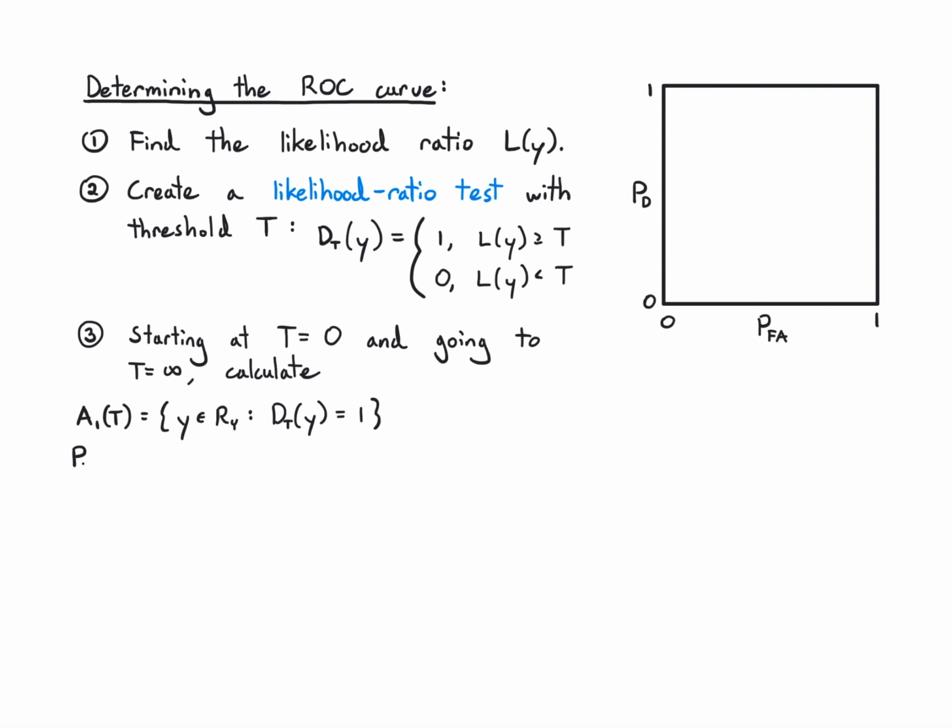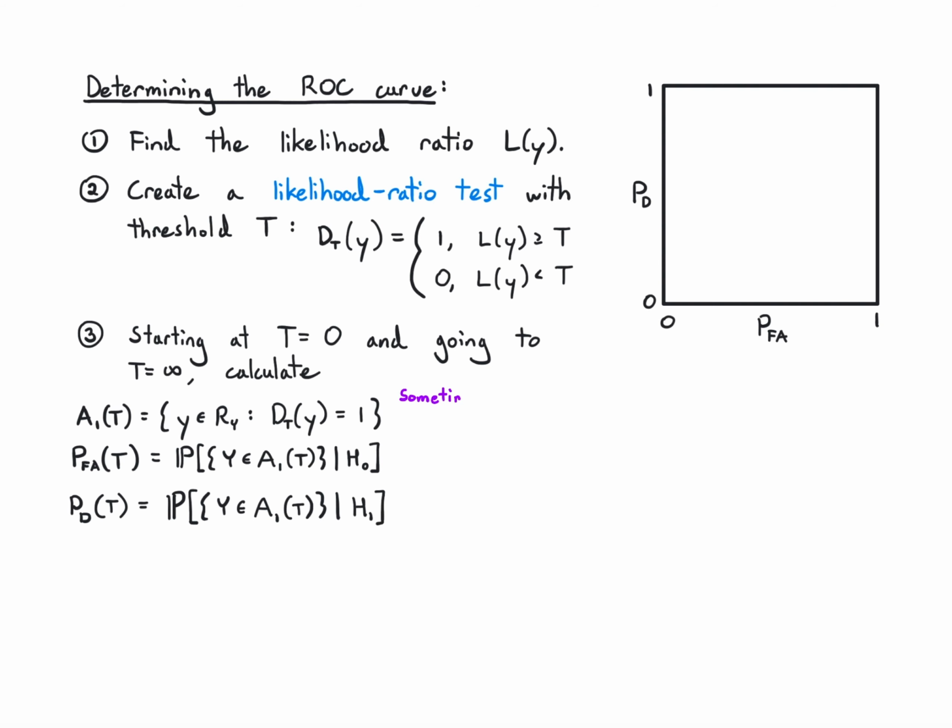And then for a particular t, I'm going to calculate the probability of false alarm, so the probability that I fall into that region A1 for t, and the probability of detection, not misdetection, but detection, again for A1. I'm going to calculate both of those. And sometimes it's easier to work with the likelihood ratio directly. So this thing that I just wrote in these definitions is what we're used to dealing with from before, which is the probability that y falls into the decision region. But you can write that directly in terms of the likelihood ratio.